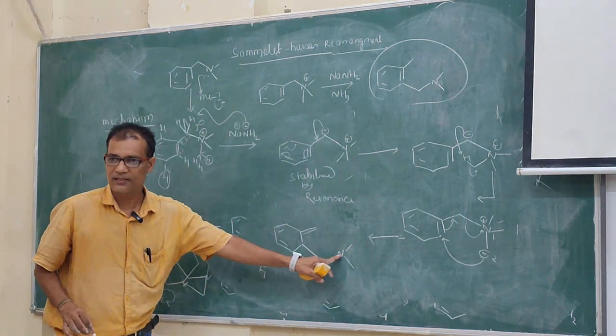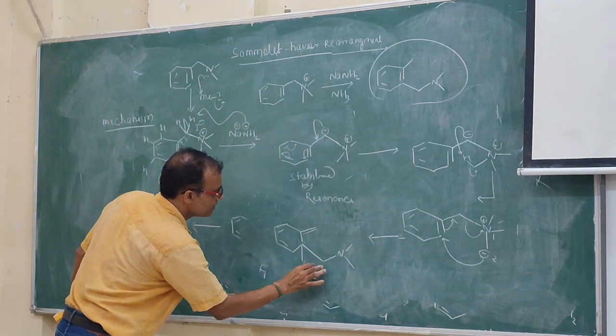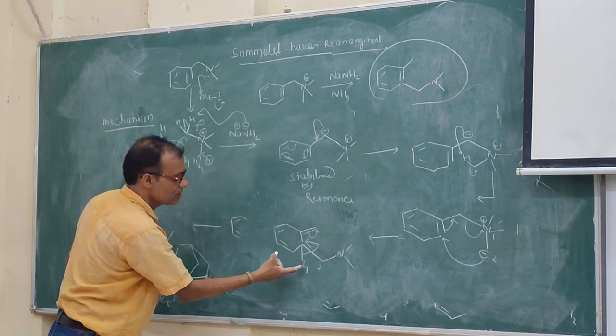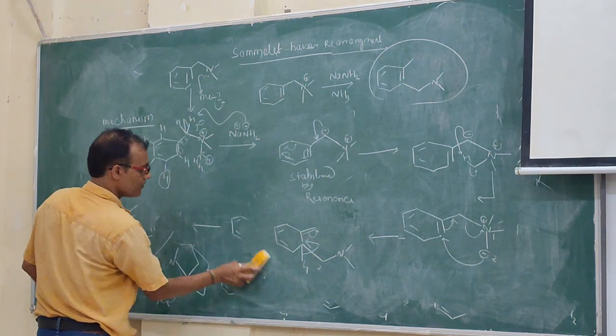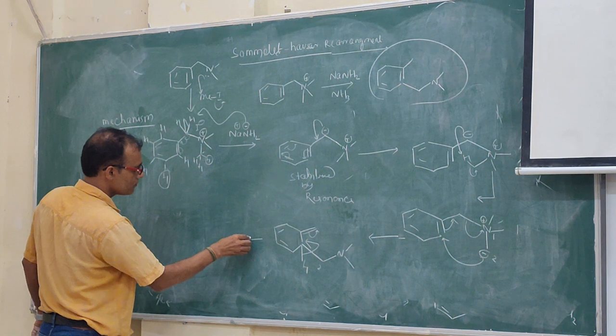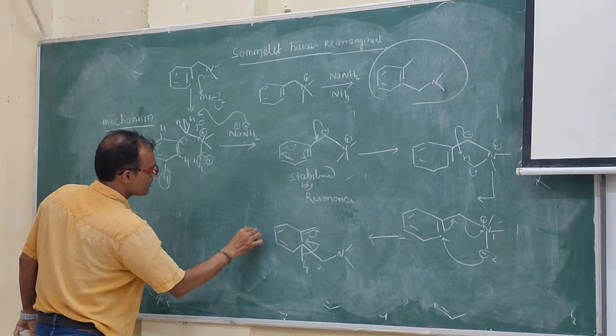Now this is not aromatic. So to gain aromaticity, this will lose the proton and this will be minus. That means this proton will shift to here, this minus will take this proton. So sometimes they write minus plus H plus. That means either a proton will be added or removed.